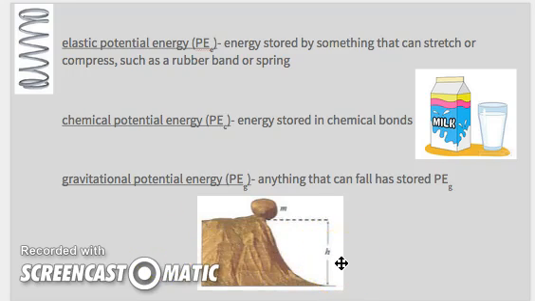All right? So it's not falling yet. So we say that this rock has the potential to fall because of the gravitational field between it and the ground. All right, so that gets us started on our notes for energy.